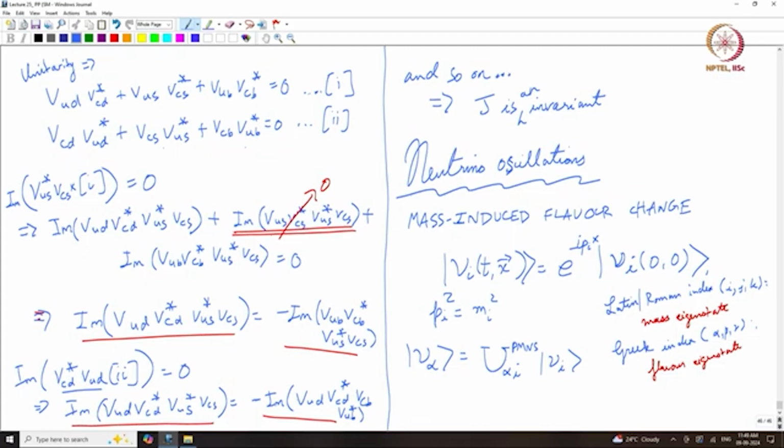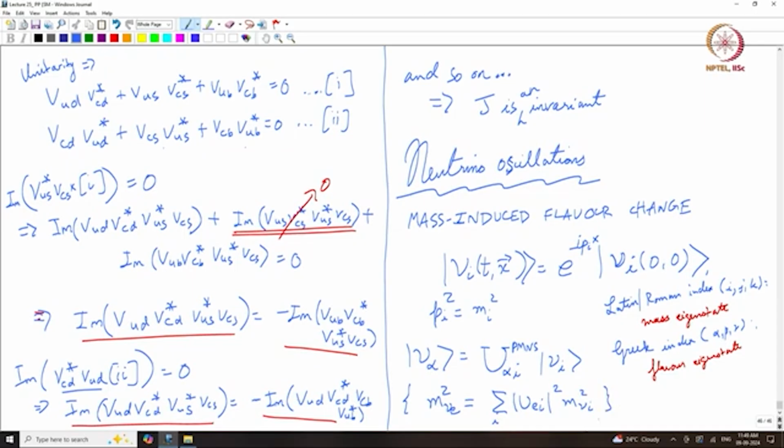So, if I write it this way, this relation should be obvious, right, using the unitarity again, correct.